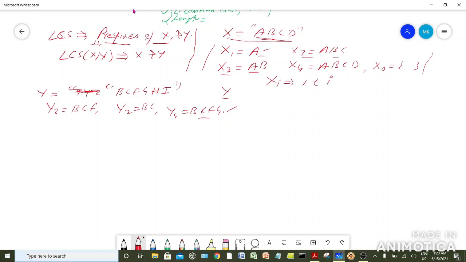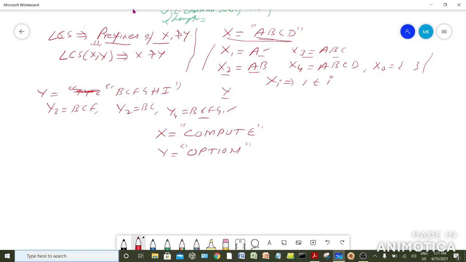Now move to the problem in hand, that is to compute the LCS of X and Y. So assume that we have X equal to the word COMPUTE, and we have Y which is equal to the word OPTION. Now we need to generate the longest common subsequence for this.